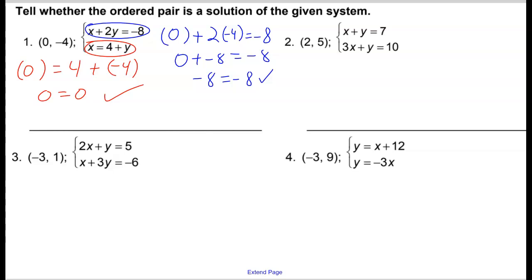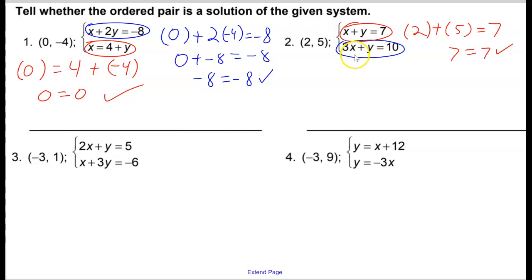Let's look at the next one. I got x plus y is equal to 7. We're going to plug in x and y. We got 2 and 5 this time. So we plug in 2 and 5, and 2 plus 5 is 7. Now let's check the next equation, 3x plus y is equal to 10.